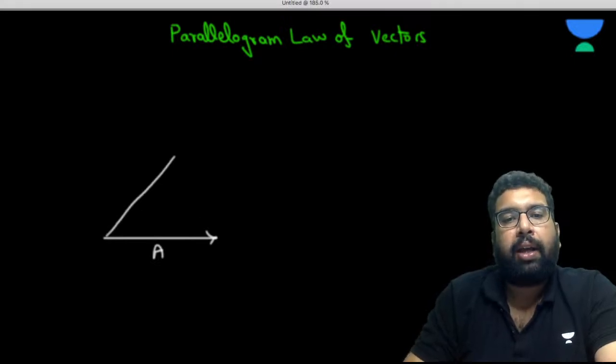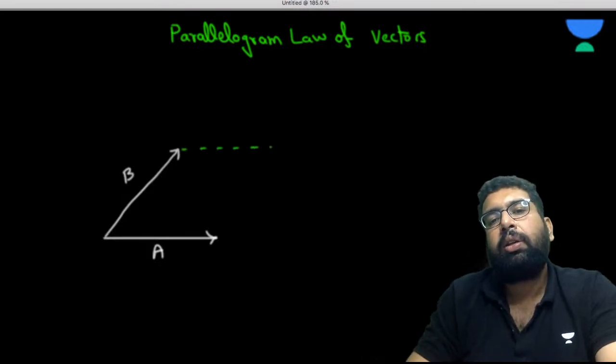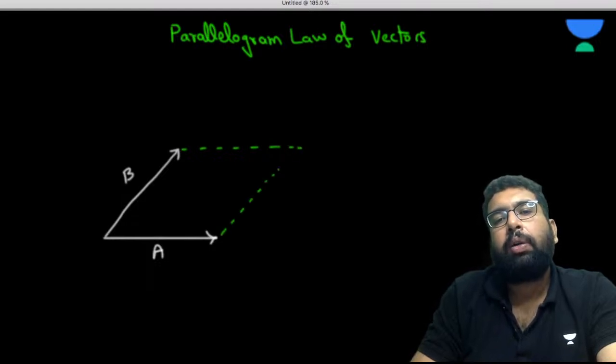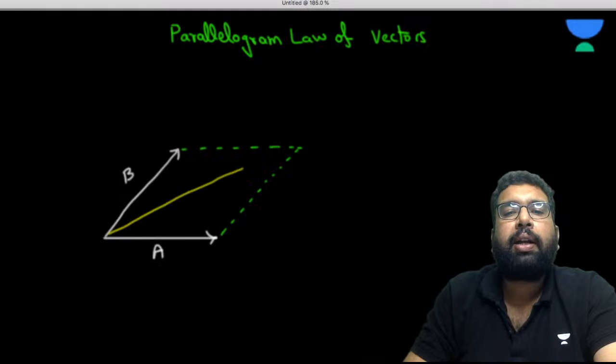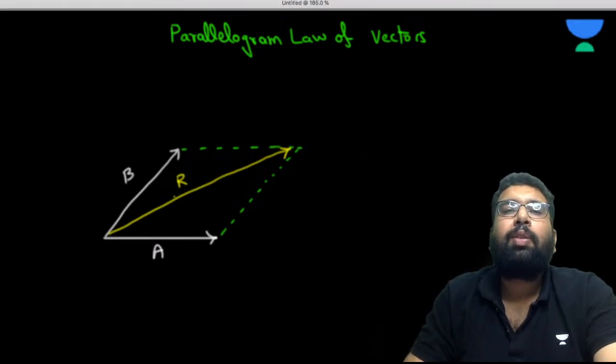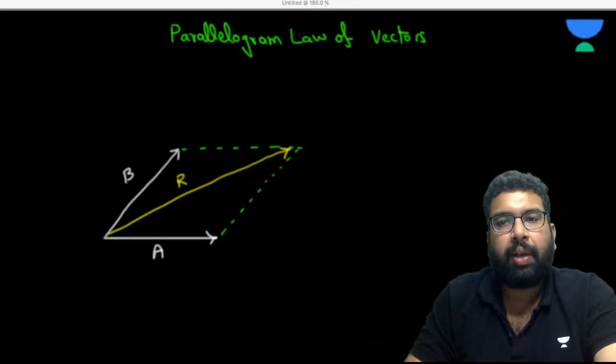You know already that the resultant of these two vectors will be given by the diagonal of this parallelogram, where the resultant is coming from the common intersection of these two vectors, that is, from the common tail. Are you getting my point?